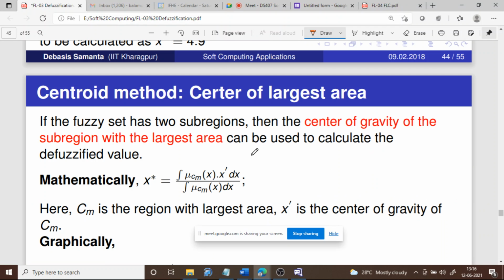Similar to that, we have another technique which is called the center of largest area. If the fuzzy set has two subregions, then the center of gravity of the subregion with the largest area can be used to calculate the defuzzified value.